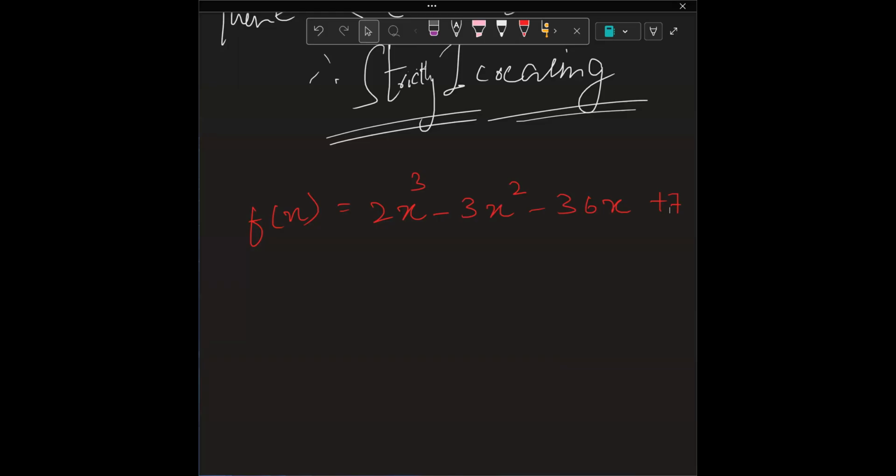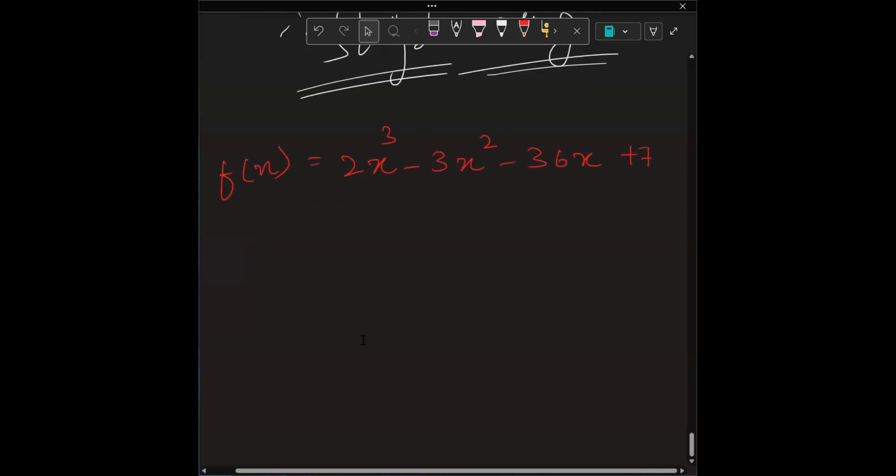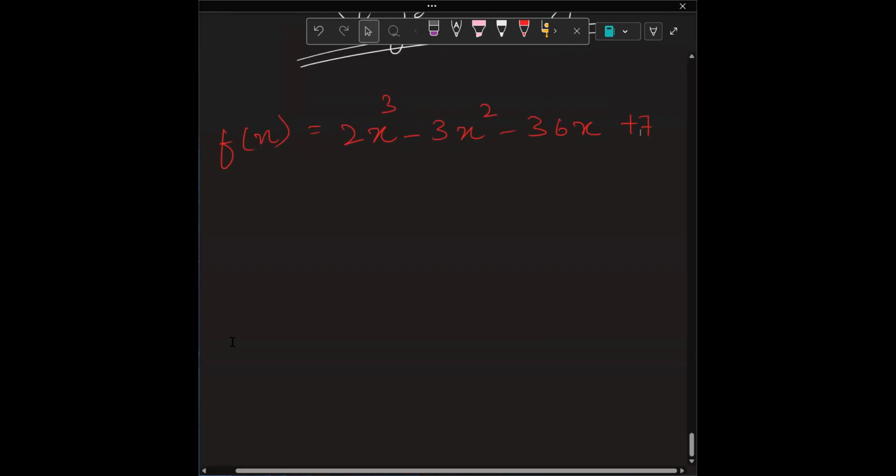Done, sir. Okay. So in this question, you need to find the interval for increasing and decreasing, right?